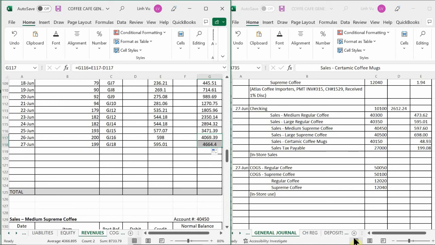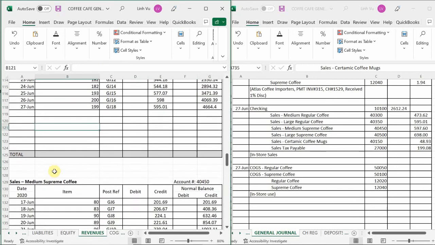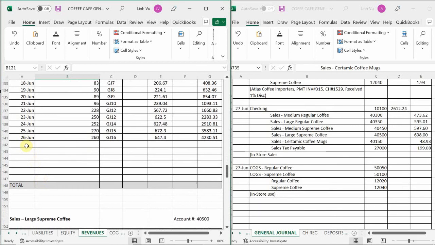And then medium supreme on the 27th, 240 cups, page 18 for 597.60. That should give you a grand total balance of $4,828.11.